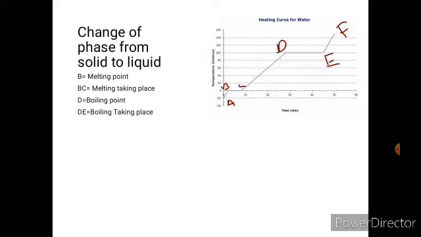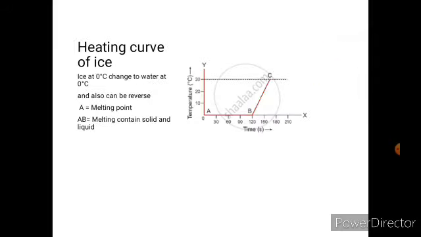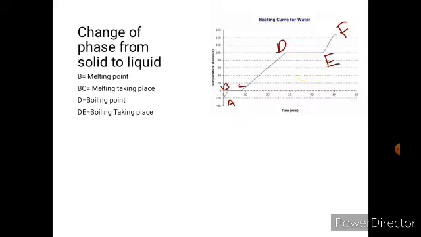The phase will change from liquid to gaseous form, and from E to F there will be an increase, and there will also be a change in the state, from liquid to gaseous.